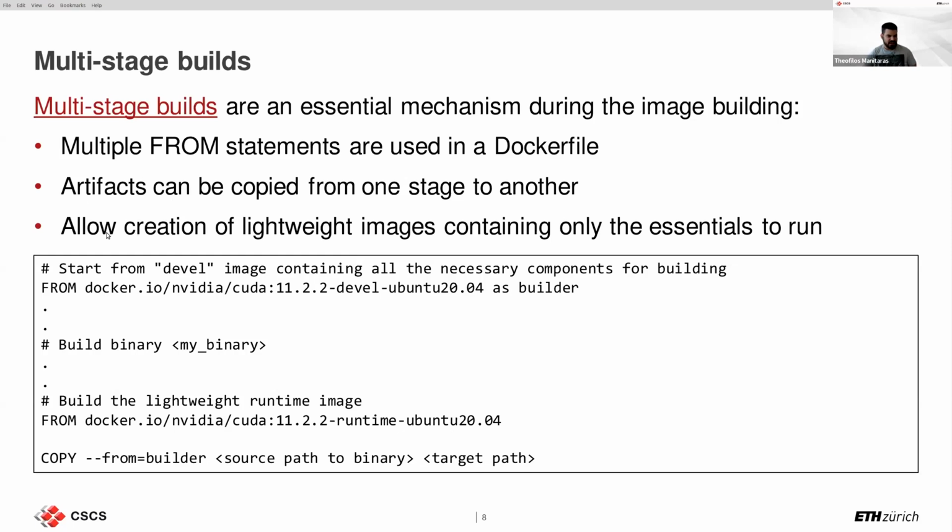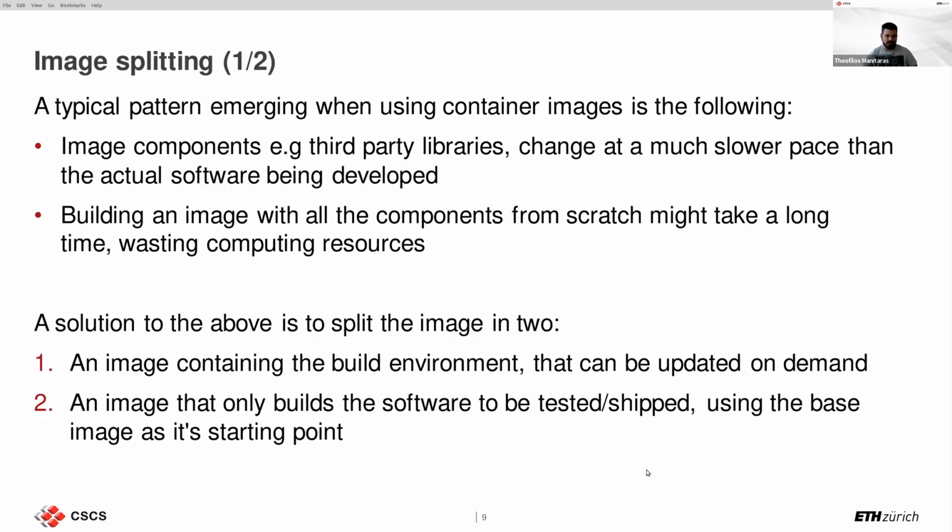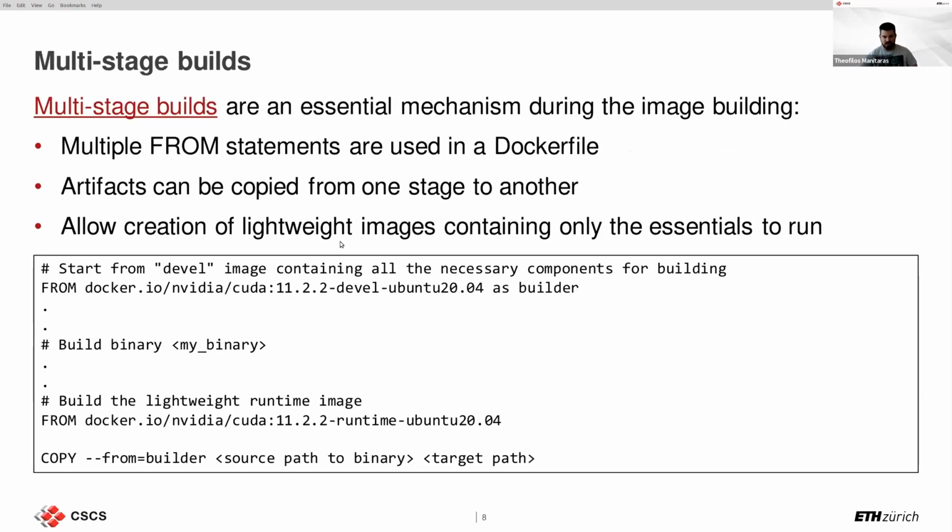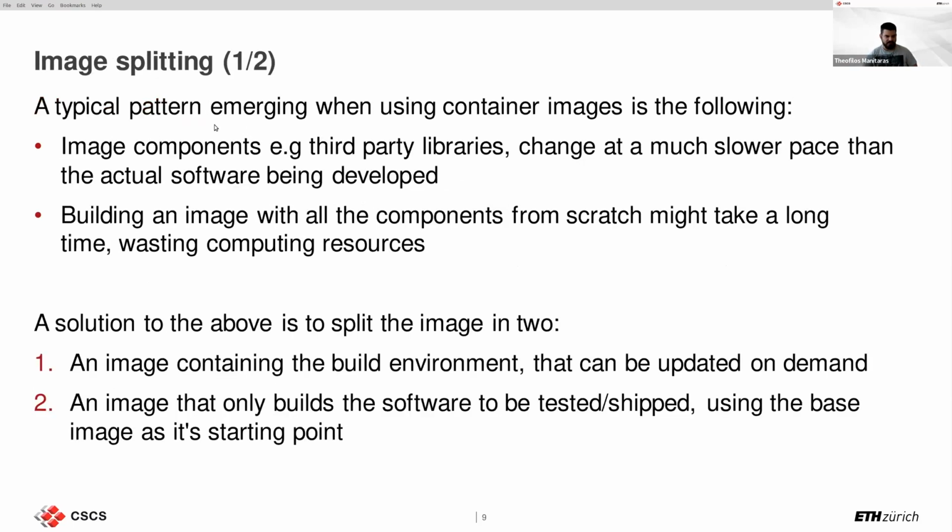And this multi-stage build mechanism allows us to create lightweight images. So the final image does not contain the compilers and all the necessary stuff that are needed, like the header files and everything that I would need to build my binary. Now, I will show also how it looks like in terms of pipeline after.